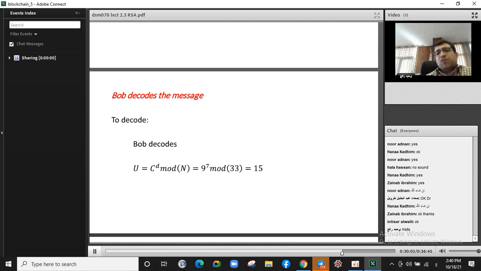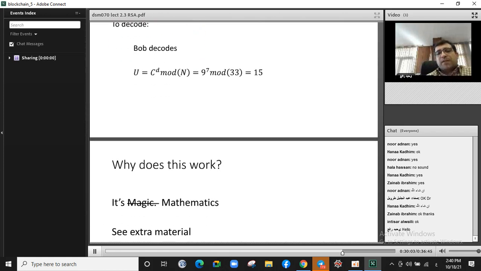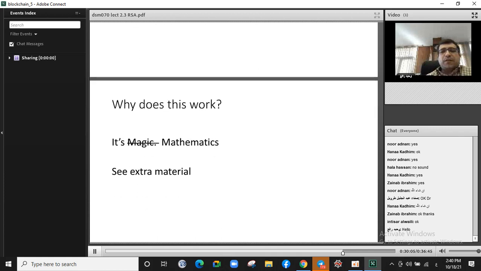Our ciphertext was 9, so 9 to the power 7 mod 33 is 15. And as you know, 15 was our original message.